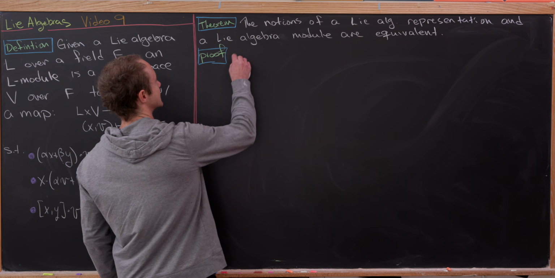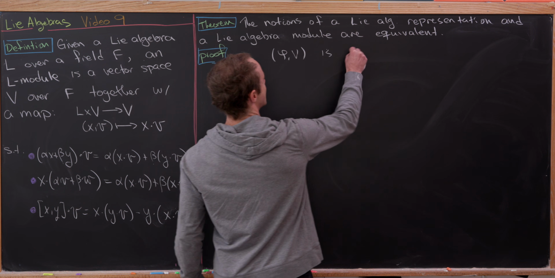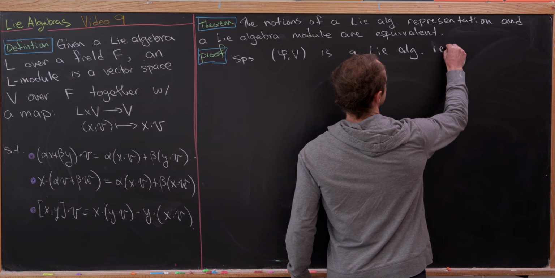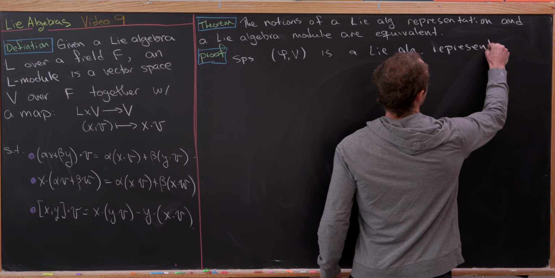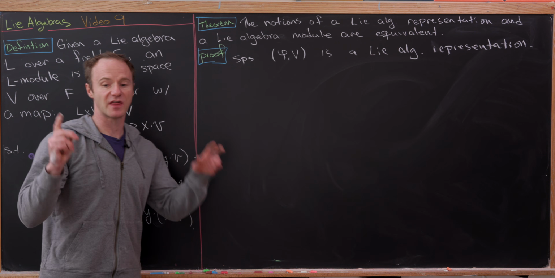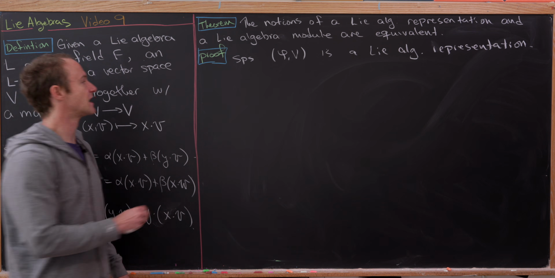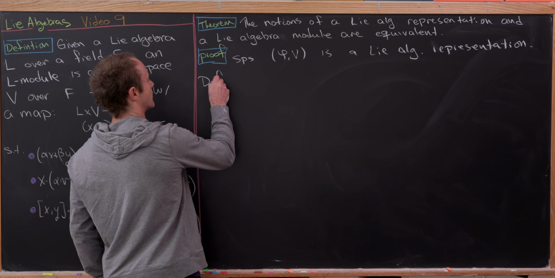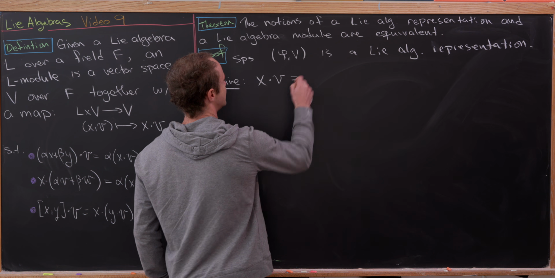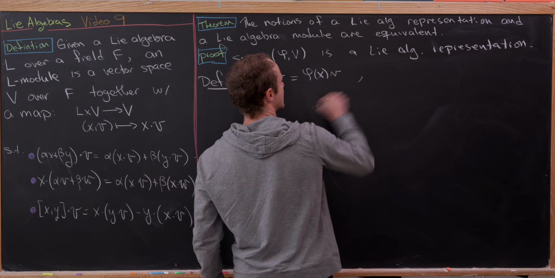So let's do that. Let's suppose that phi, V is a Lie algebra representation. And let's take this representation and create the obvious corresponding Lie algebra module. We're going to do that with the following action. So let's define x dot v is equal to phi of x acting on v.